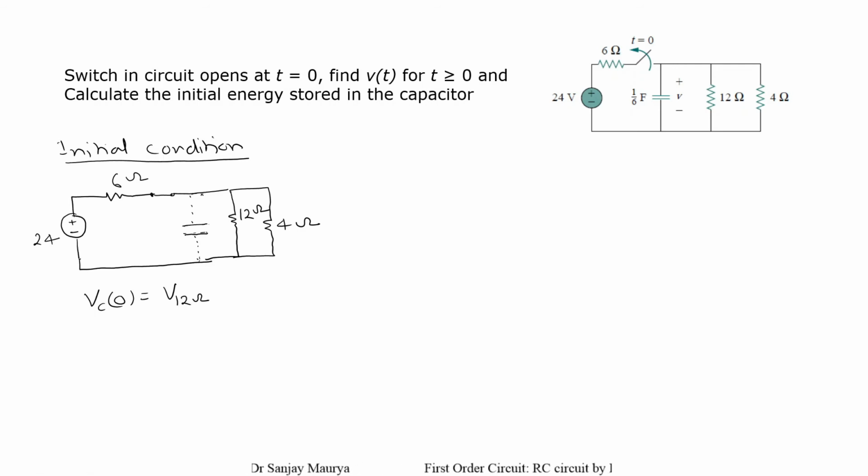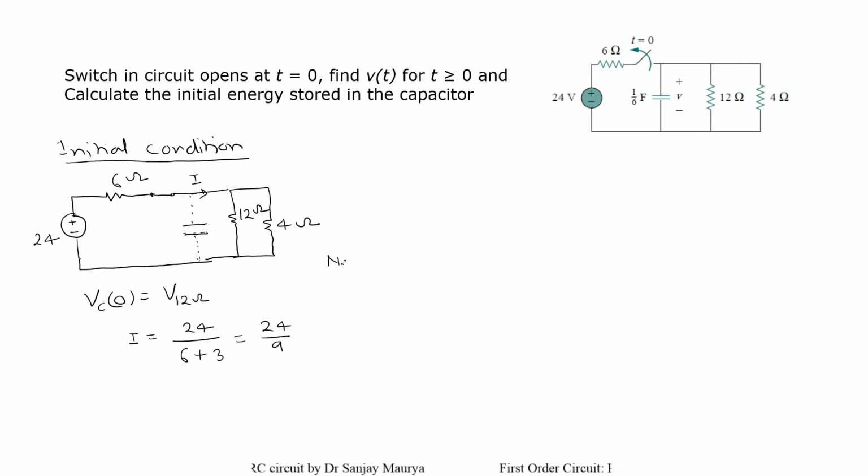To determine the current I, this is the voltage source 24, 6 is this one, and these two are in parallel combination, having the equivalent value 3. So 6 plus 3 will be 9, so 24 by 9.